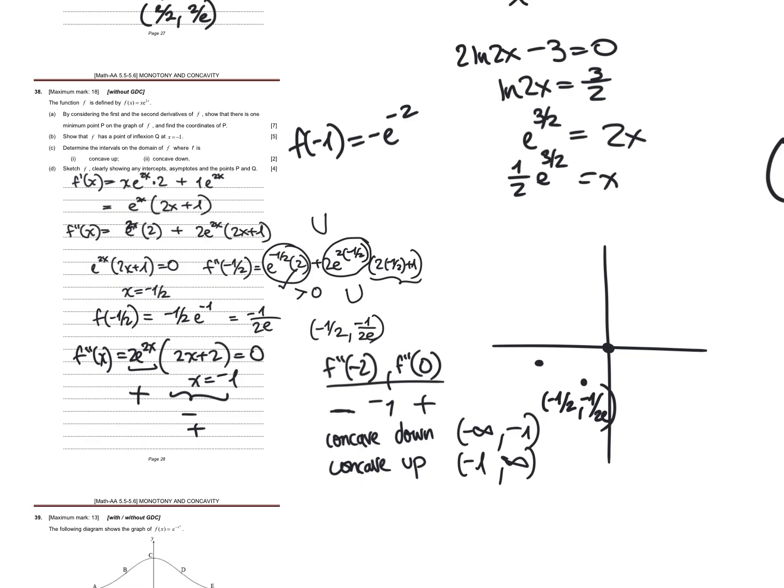We also need the asymptote. As x gets really small, so if we have like -100, e to the -200, that is -100 over e to the 200, which is going to be a really small number.